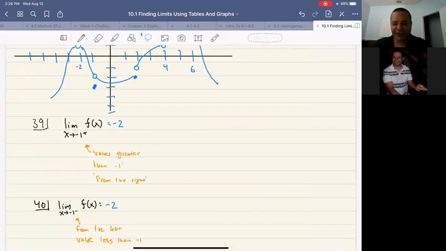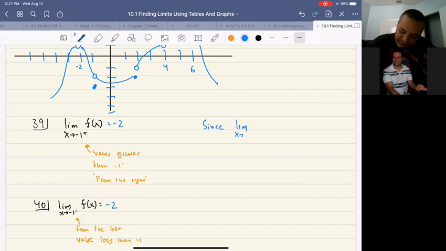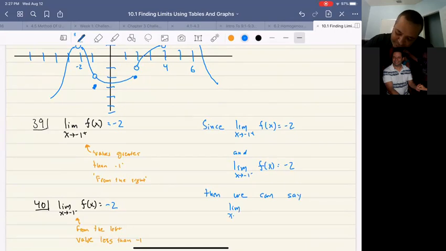Since the limit as x approaches -1 from the right of f of x equals -2, and the limit as x approaches -1 from the left of f of x equals -2, then we can say the limit as x approaches -1 of f of x equals -2.